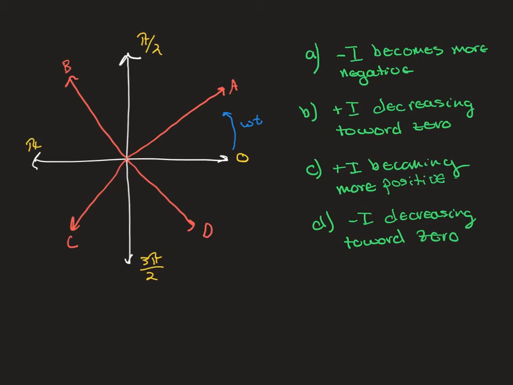Alright, so what I'm trying to emphasize here is something called a phasor diagram. Since we're dealing with values that vary with time sinusoidally, we can use phasors in order to represent what the value is at one particular moment. It's not really a vector, it's a phasor that represents what the current actually is.